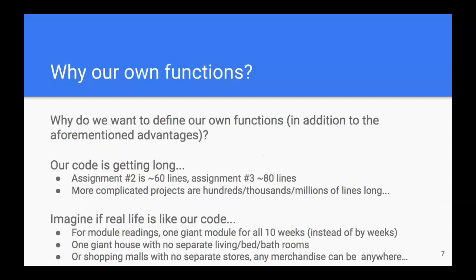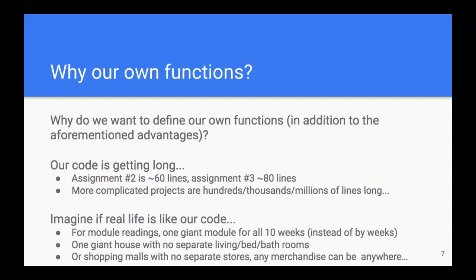So why do we want to define our own functions, other than the reasons we already talked about? For one thing, the code that we've been writing is getting longer and longer, right? The instructor solution to assignment number 2 is about 60 lines.